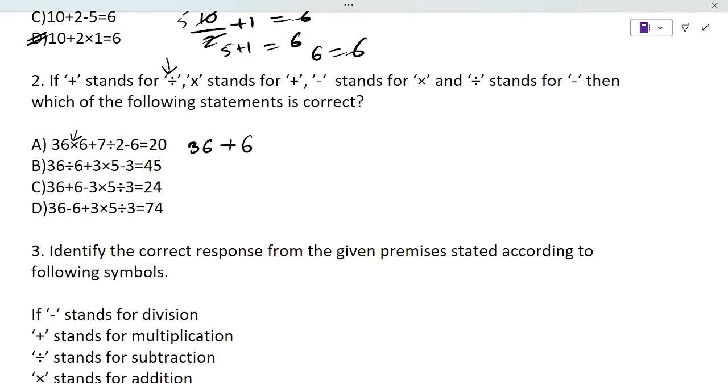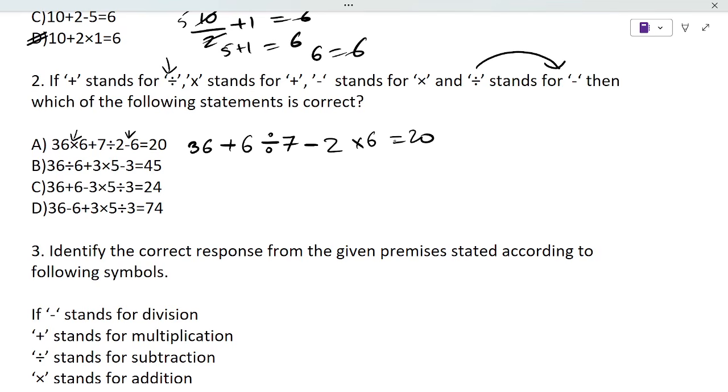Plus stands for division, so divided by 7; divide stands for subtraction, so minus 2; minus stands for multiplication, into 6 is equal to 20.